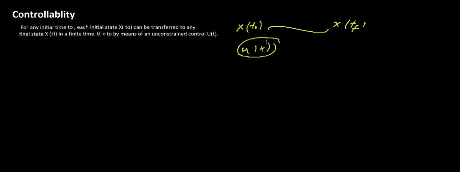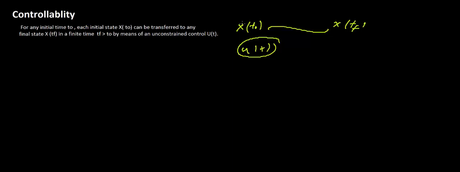So if we have an initial state at time t0 and we transfer this state from t0 to x(tf) using u(t), an unconstrained u(t), we call this system controllable because we have some authority over the states. We can move the state from one point to another.